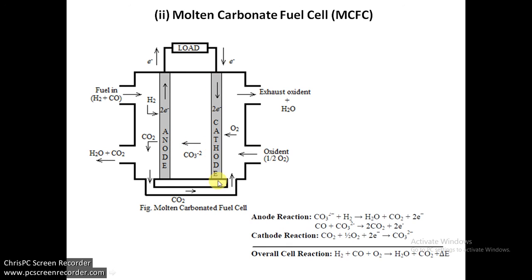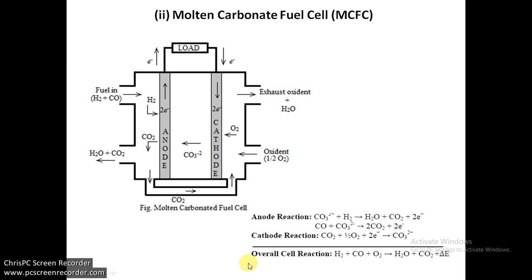At the cathode, oxygen from air or pure oxygen reacts with this carbon dioxide and the remaining electrons from the previous reaction, and they form carbonate negative ions. This is the main source of generation of carbonate ions at the cathode. As you can see here, the main reactions are displayed.